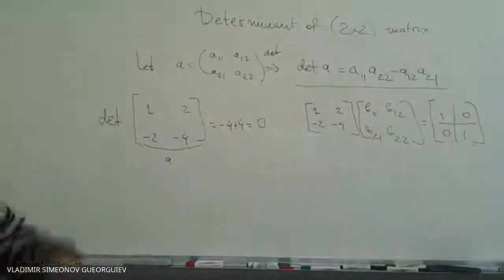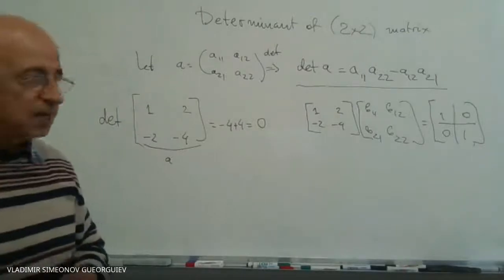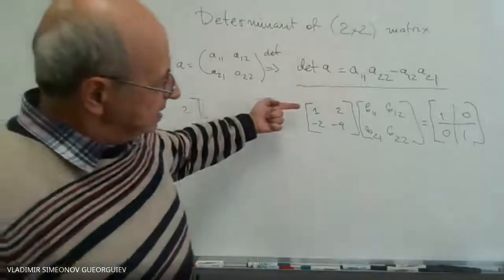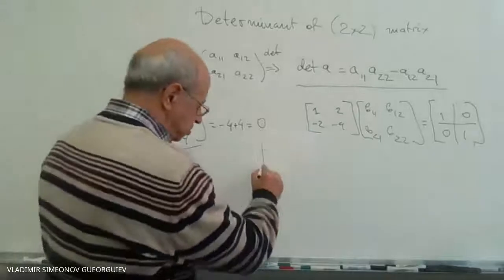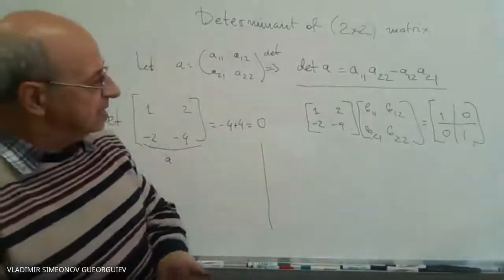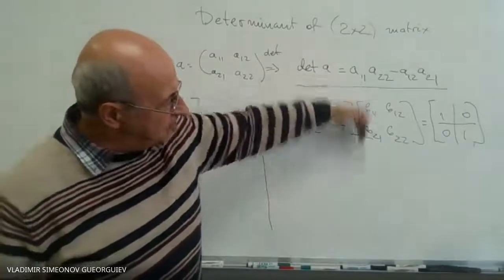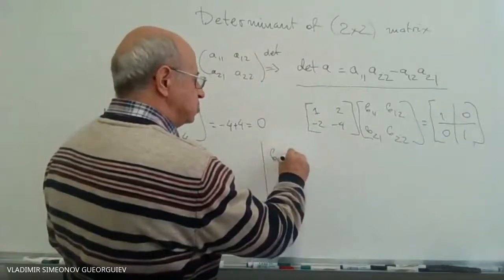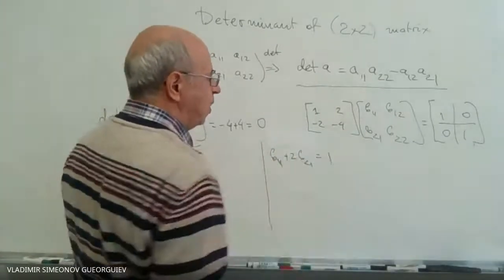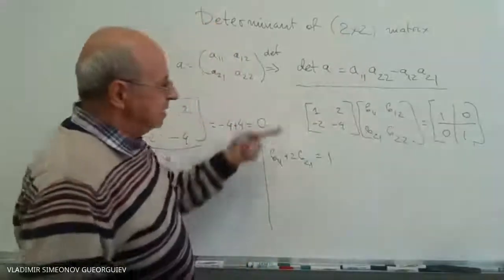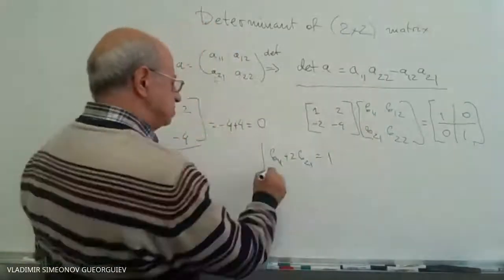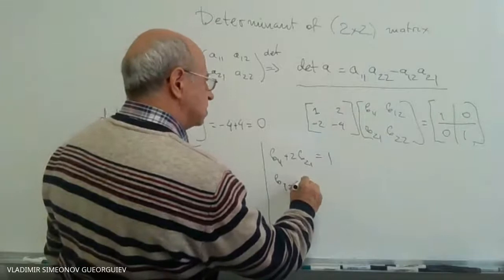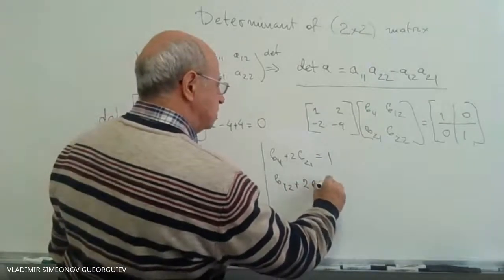Let us rewrite our equations, as we did in our previous examples. We are writing the equations very rapidly because they are obtained by taking this row by this column, which shall be 1. So we have B11 plus 2B21 equals 1. This by this is this. Then we have this by this. This means B12 plus 2B22 equals 0.